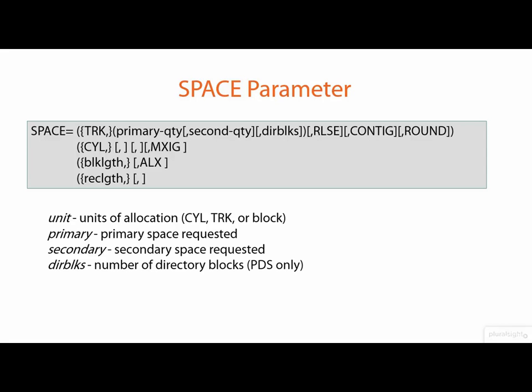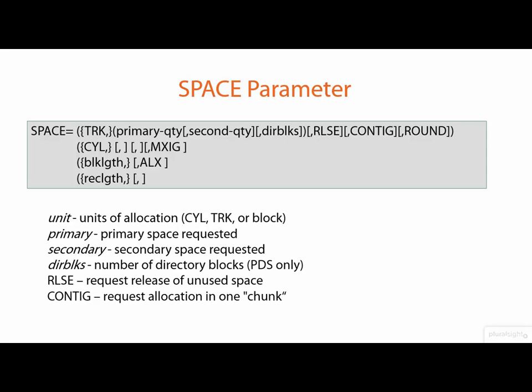We can specify directory blocks if we want to use this method for allocating a partition data set. And then, of course, release to release unused space, contiguous to request that our allocation occur in one big piece, and then rounding, which is where, when we specify a block, we get it rounded to a cylinder boundary.